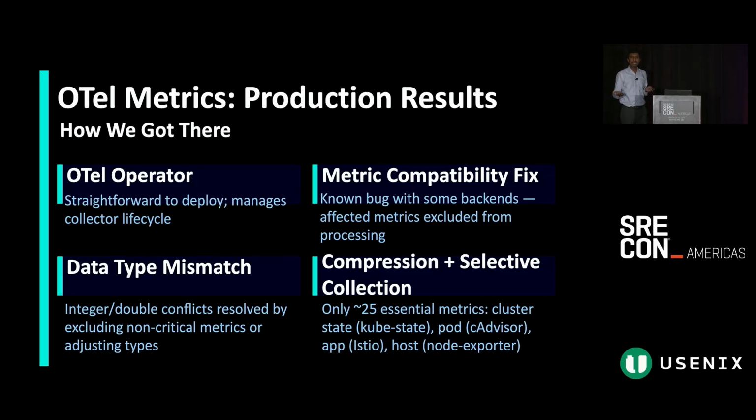This is what is really needed, and we are collecting that. Roughly, including all those things, we are collecting about 25 essential metrics, compressing at the source, and sending them to the backend data source.